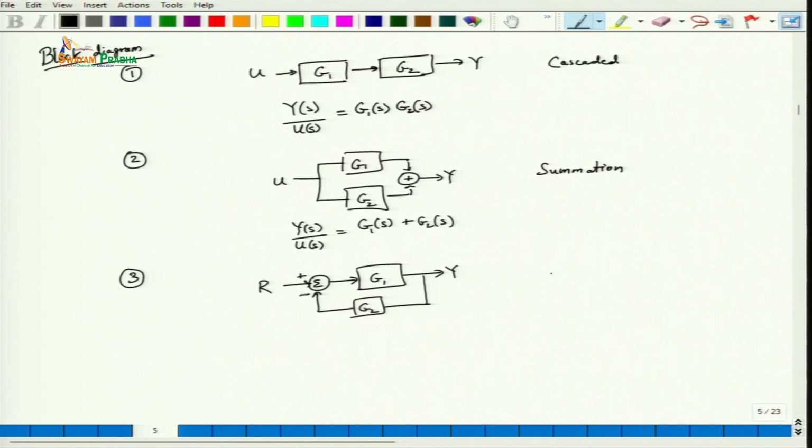This is basically a feedback configuration, and since there is a negative sign, we'll call it the negative feedback. So the transfer function between Y and R in this case will be G1 divided by 1 plus G1 G2.